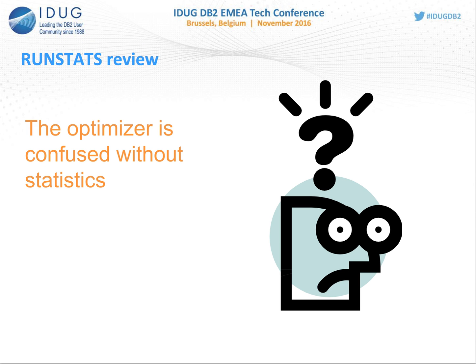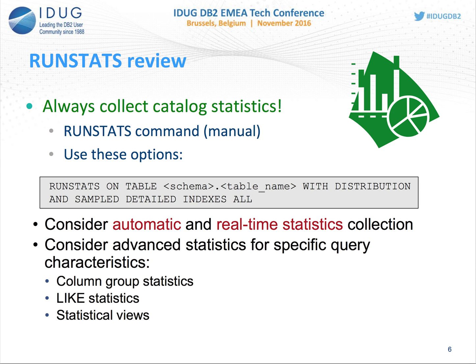I'm going to focus more on how you collect them, and a little information on how they're used in a couple of simpler examples. The basic recommendation is that you should always be collecting catalog statistics, and you can do that either manually with the RUNSTATS command, or you can use automatic or real-time statistics collection.